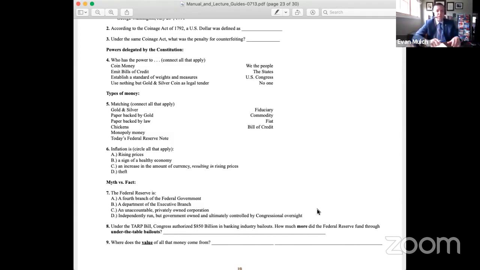Number 6, inflation is A, you can circle all that apply. A, rising prices. B, a sign of a healthy economy. No. C, an increase in the amount of currency resulting in high prices. And D is theft. So which ones apply to inflation? I'll give you hints, more than one.